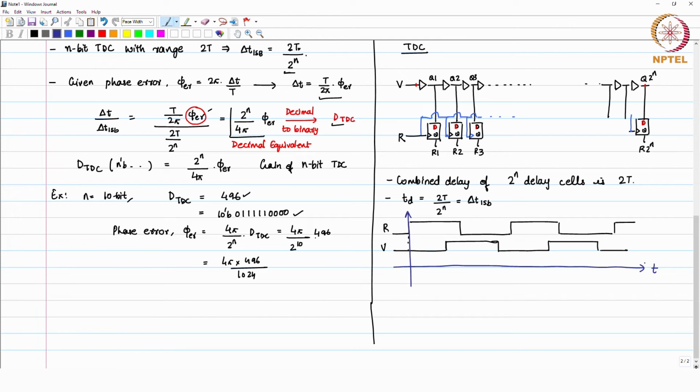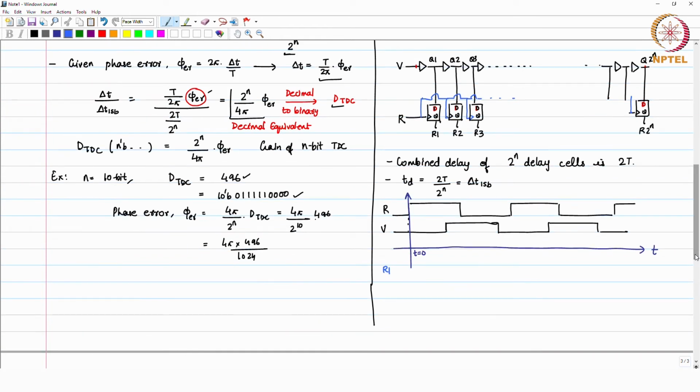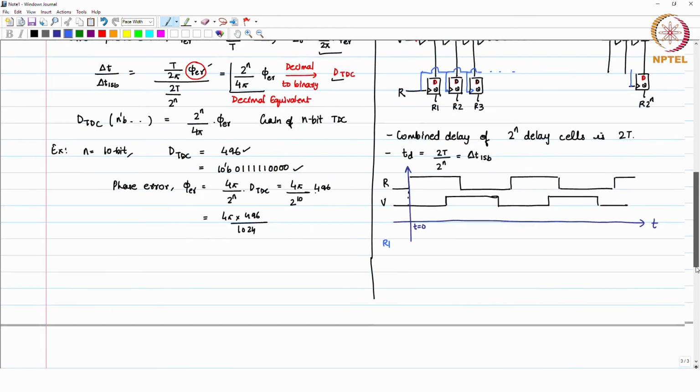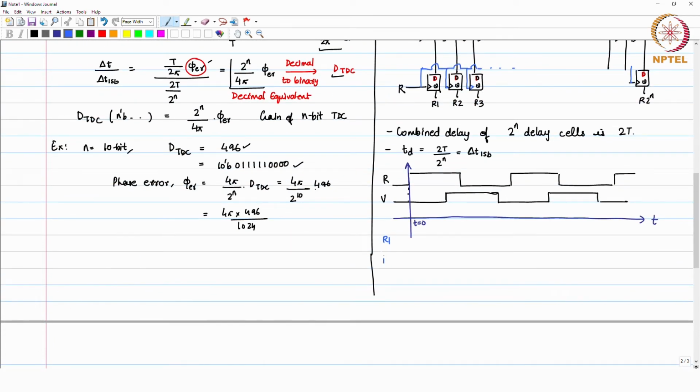Okay. And let us say all the signals start at time instant t equal to 0. Before that all the signals were actually 0. So, in that particular case, I am looking at R1, R2, R3 and so on, up to R 2 power n.